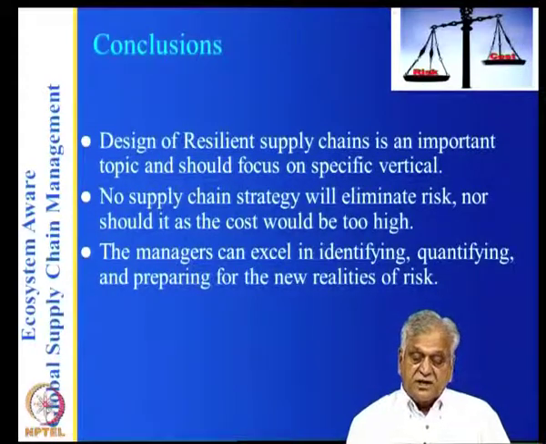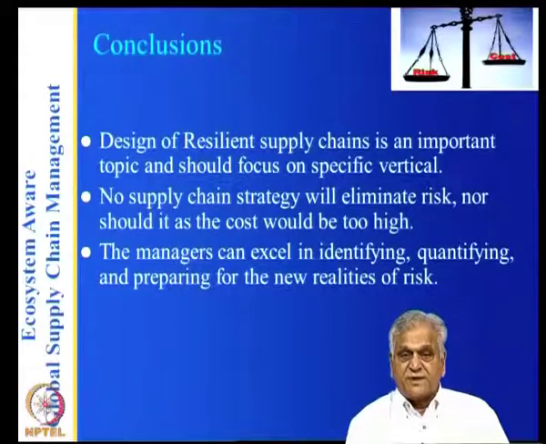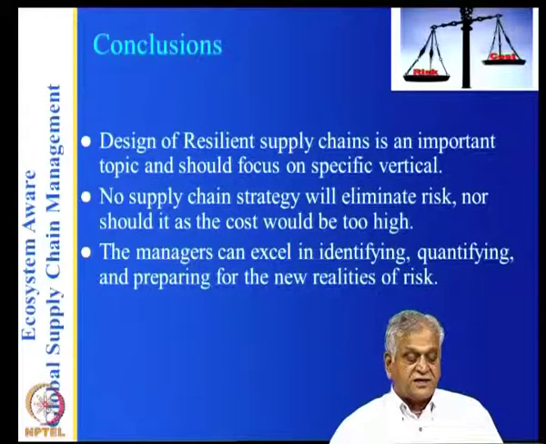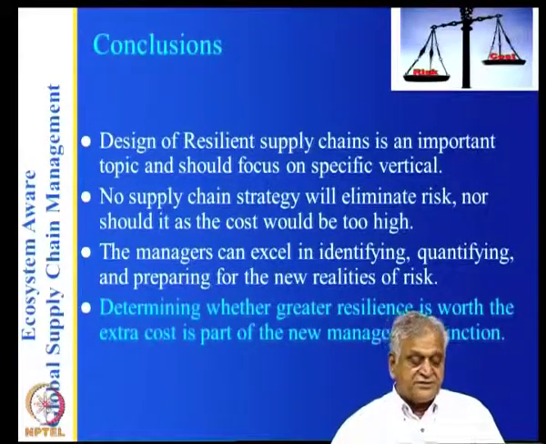There is unexpected risk and there is expected risk. Unexpected risk becomes a problem. It is like somebody who is normal getting a heart attack, that is unexpected risk. But somebody who has blood pressure and diabetes getting a heart attack is an expected risk.